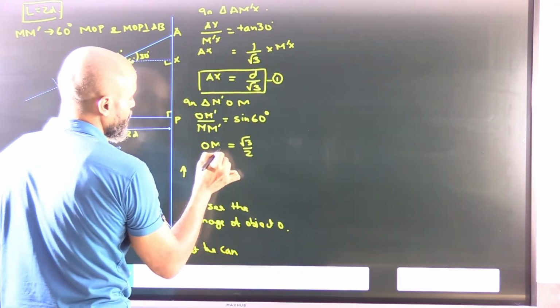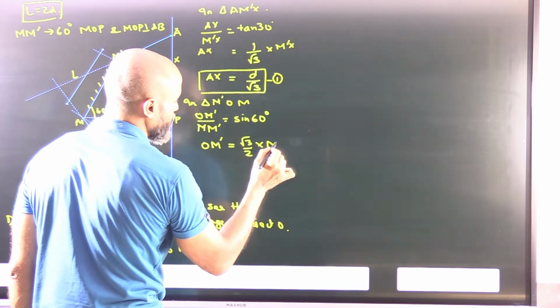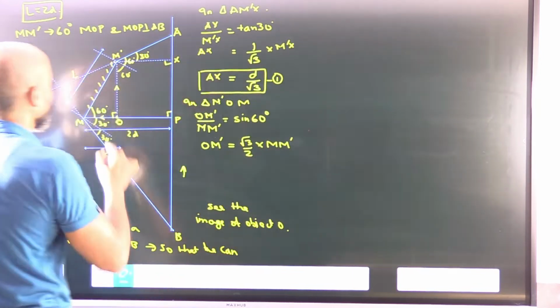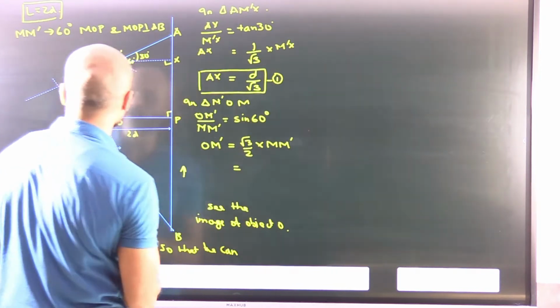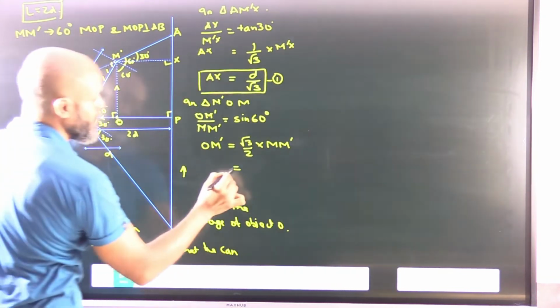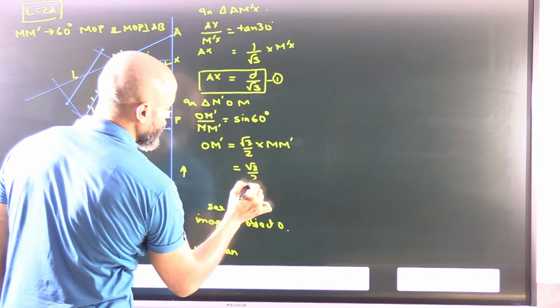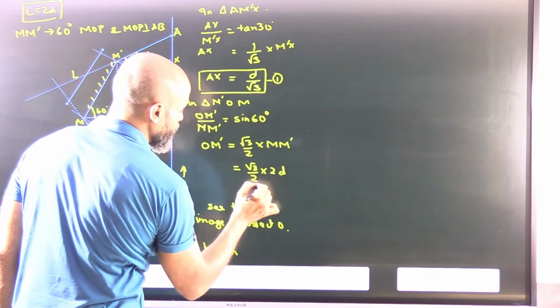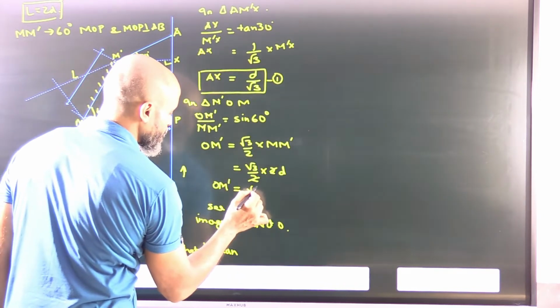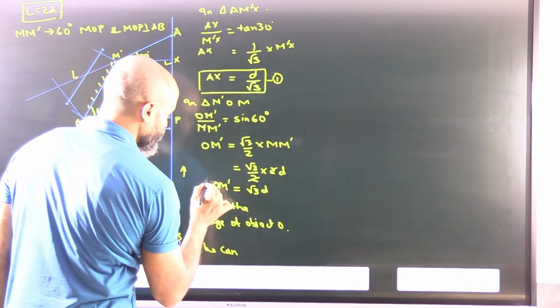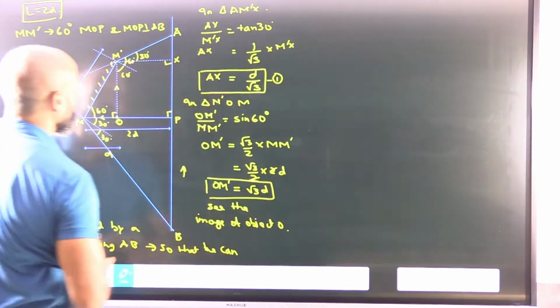So OM dash is going to be this multiplied by M dash. M dash is known to us as L, and L is 2D. So this will be under root 3 by 2 into 2D, which will give us OM dash as under root 3 D.